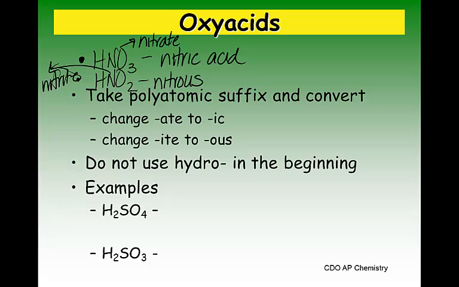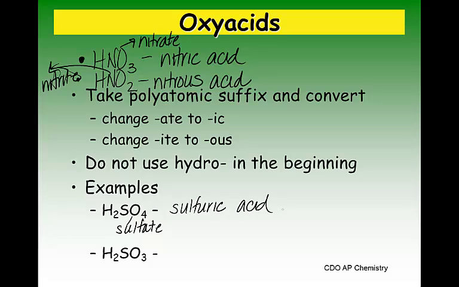Okay, now the two examples that are actually written and typed into the PowerPoint, that's H2SO4, H2SO3. So SO4 is the sulfate ion, so you would think it would be sulfic acid, but it's not. It's sulfuric. So there are a couple of exceptions to these rules.